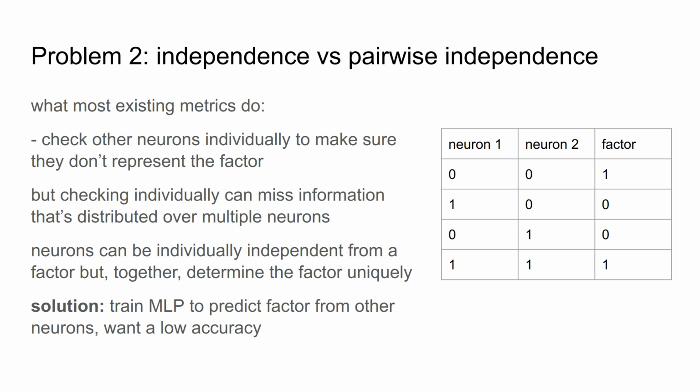This is the setting where you've assigned a factor to one neuron, and now you want to check that none of the other neurons represent that factor either, because that's the desideratum of a disentangled representation. But checking each individual neuron one at a time can miss cases when information is spread out amongst a whole set of neurons.